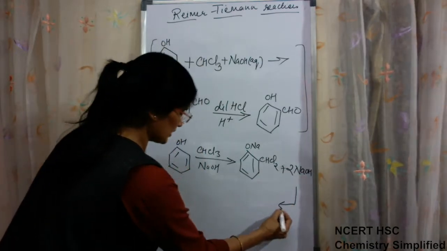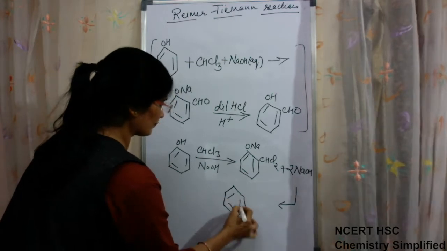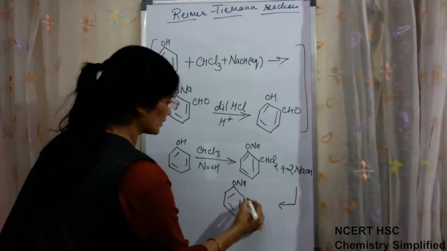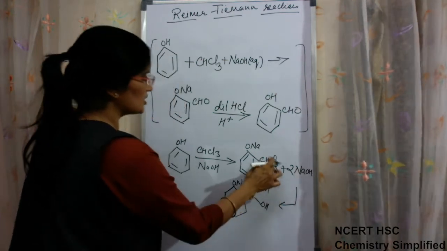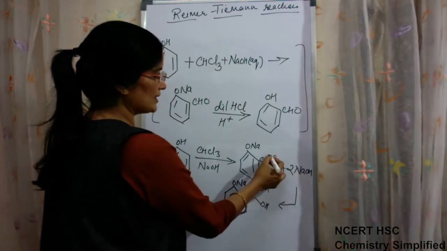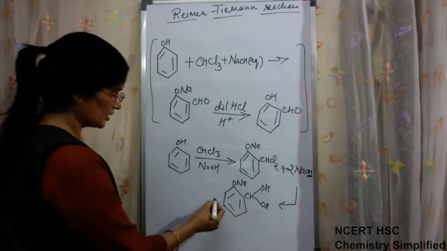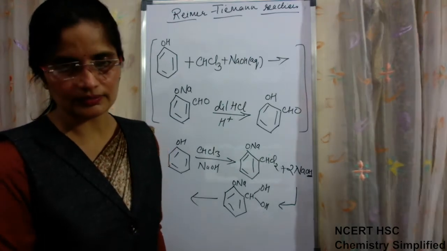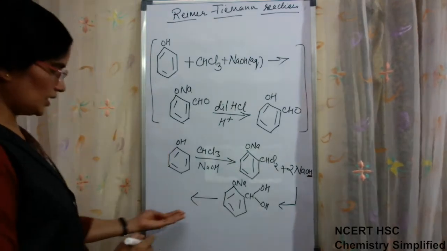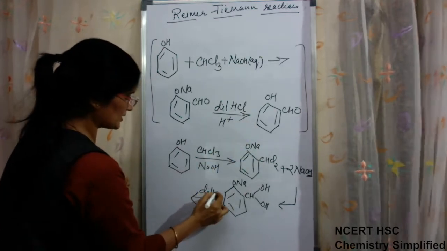When they react, they form ONa CH(OH)2. Cl are removed, they will form NaCl, and these OH groups of NaOH are introduced here. Now in the next step, what happens when we are using dilute HCl?